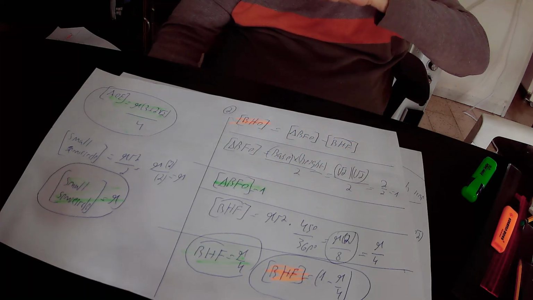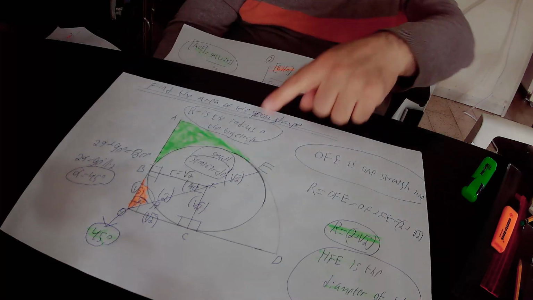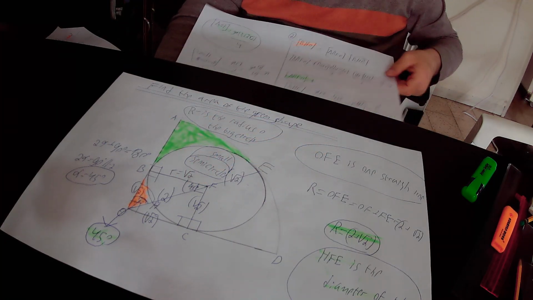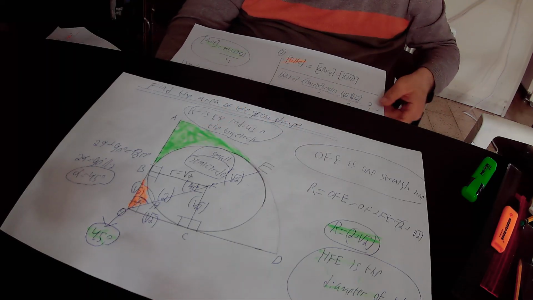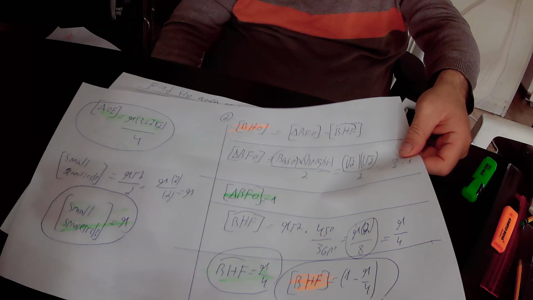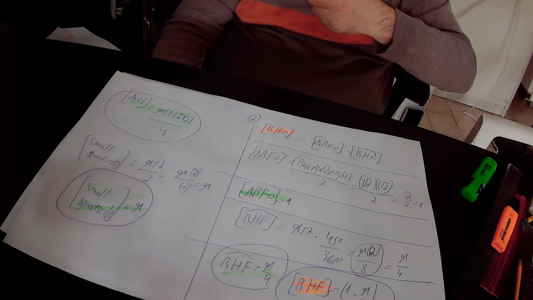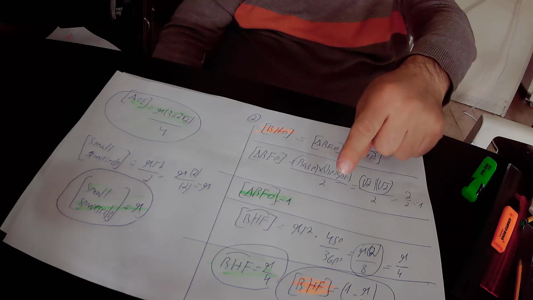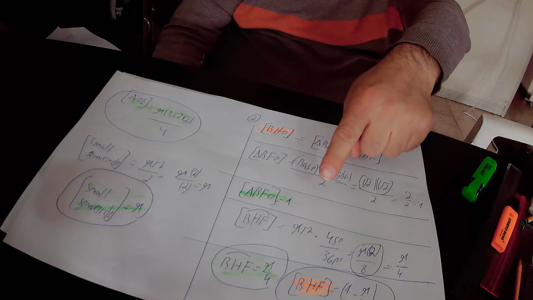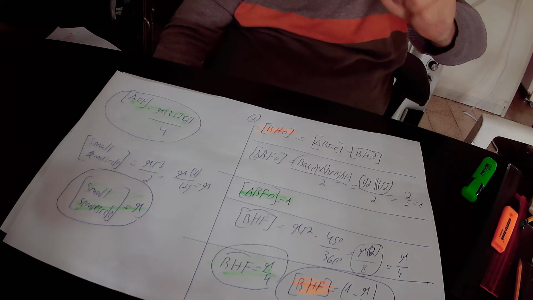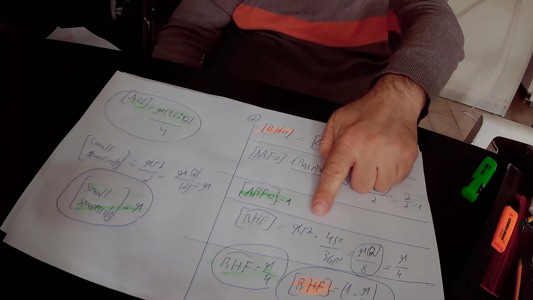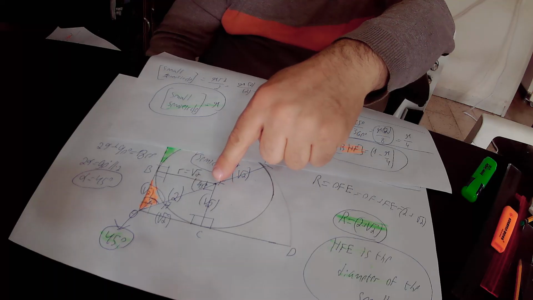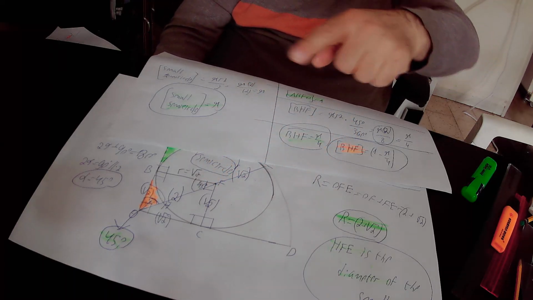Now we have to find the area of this small sector BFH. The small sector is part of the small circle, so the area of any sector equals the area of the circle that contains the sector times the angle between the legs of the sector, that is 45 degrees over 360 degrees.